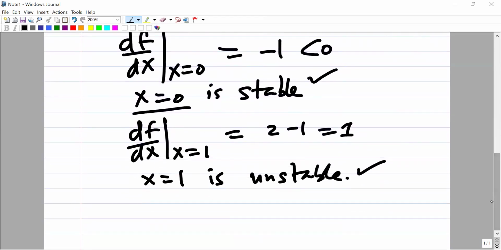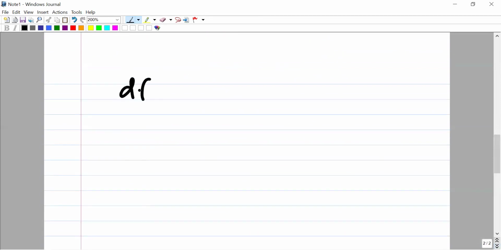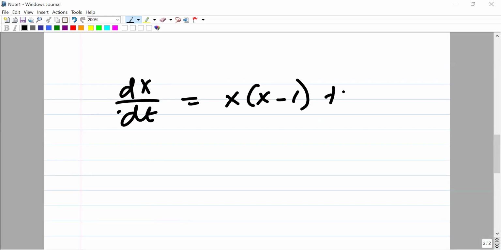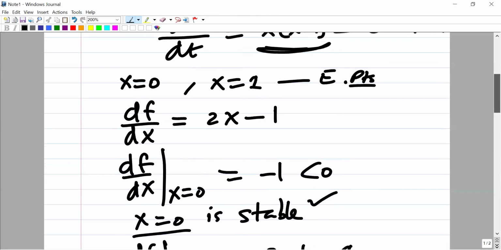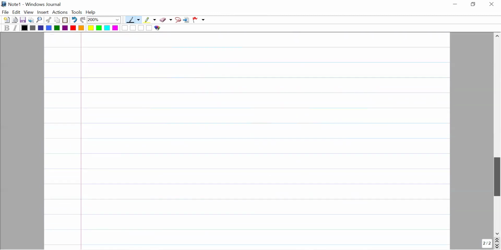All right, so there we are. We have this system. Now we have modified the system. Now we have dx/dt equal to x times (x minus 1) plus some parameter mu. The effect of this parameter is perturbing the system, introducing some disturbance. So we want to check how this also modifies the equilibrium points that we found.